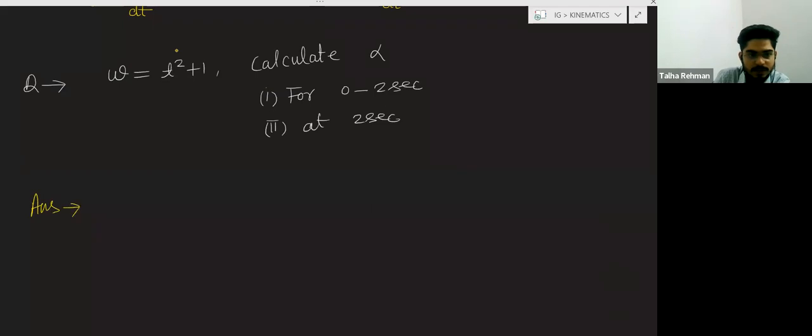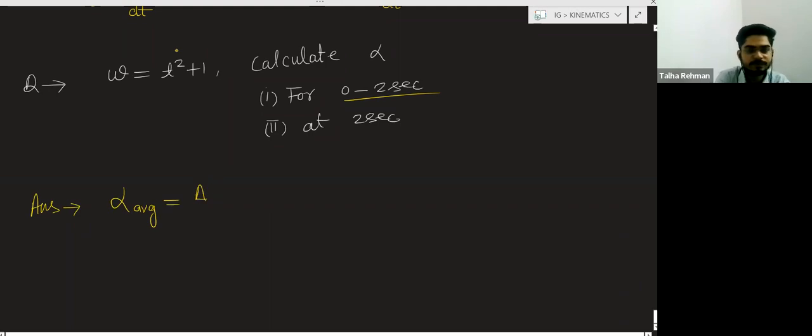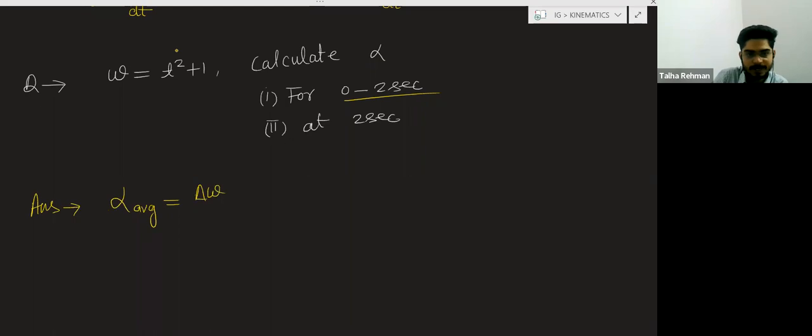Simple. For 0 to 2 seconds, you want to calculate alpha average. What is alpha average? Delta omega by delta t. What is delta omega?